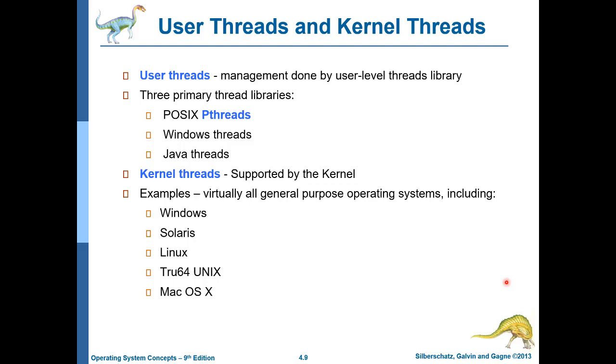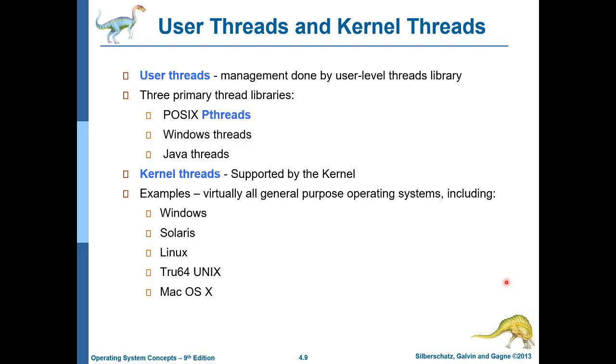The difference between kernel mode and user mode is on the basis of the processor hardware. The hardware will allow the execution of different types of instructions in kernel mode, but some instructions will not be allowed when the CPU or the hardware is in user mode. Now here we are talking about user threads and kernel threads.